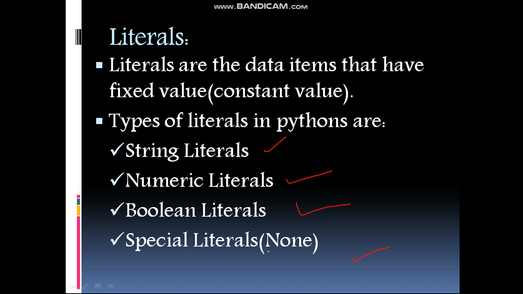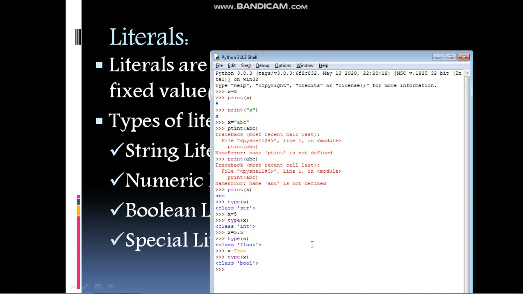Now the last one is special literal. Special literal means None. So whenever you don't want to enter any value there in any type of identifier, means you want to keep it blank, not even 0. 0 is also termed as a number. So in that case we will define it with None. None means nothing.